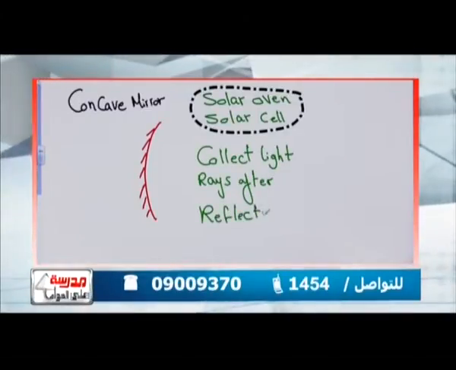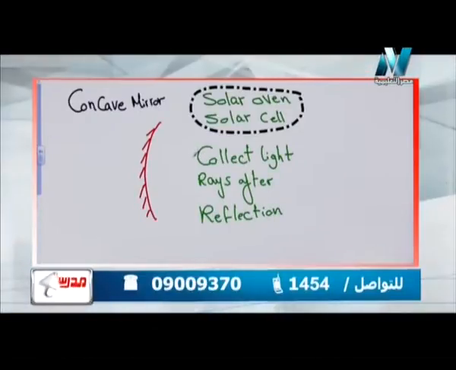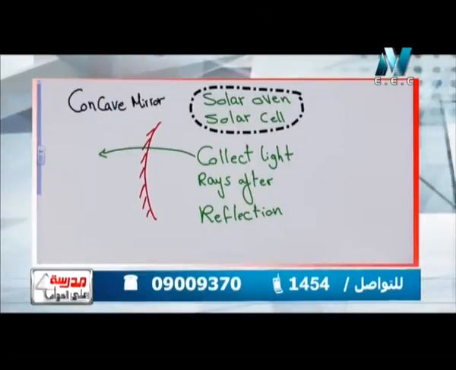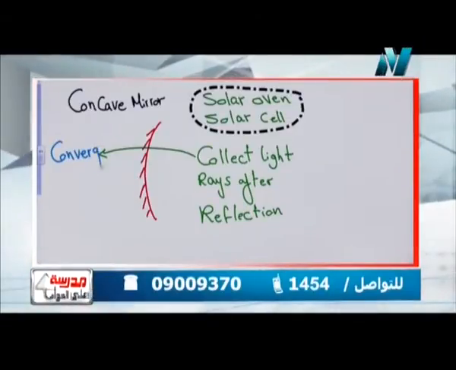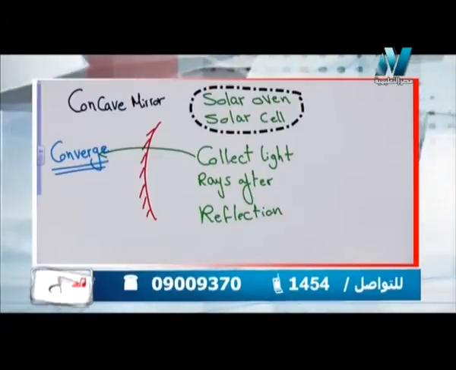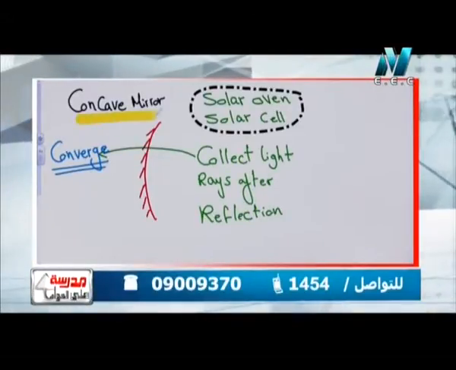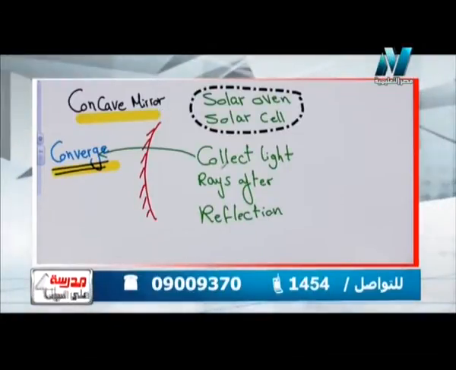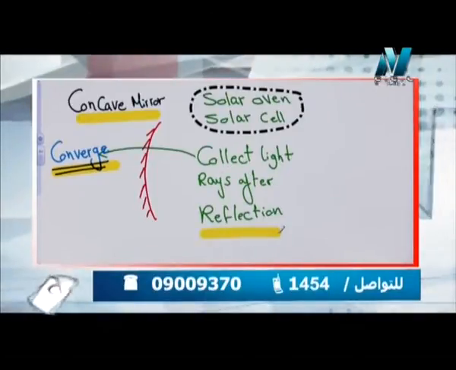We can say collect, or we can use another expression here: converge, يعني مجمعة. If we use converge or collect, they mean the same. Give reason for: a concave mirror is called a convergent mirror. Why? Because it collects light rays after reflection, because we talk about a mirror.